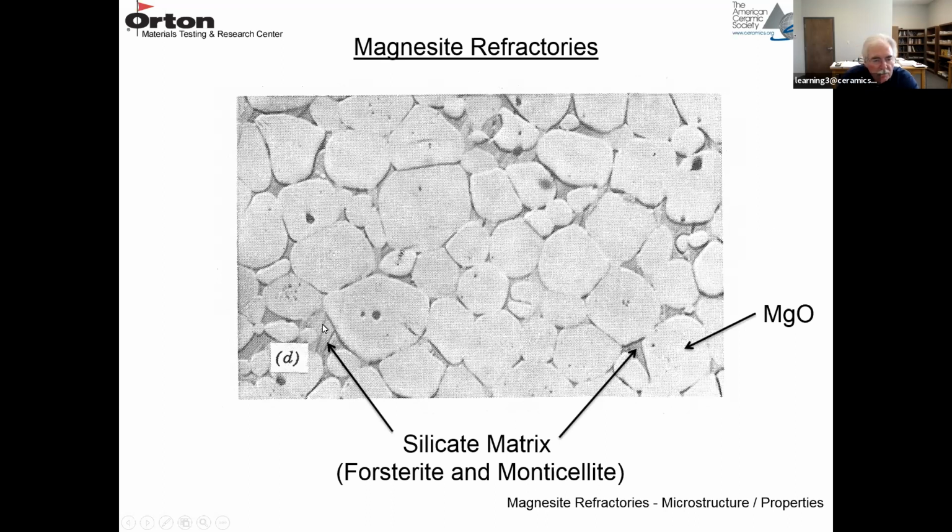This darker gray region is the silicate matrix. It's a combination in this material of forsterite and monticellite. So that's what an MgO microstructure looks like for a material that really is exhibiting more direct bonding and a lower amount of the silicate phase.